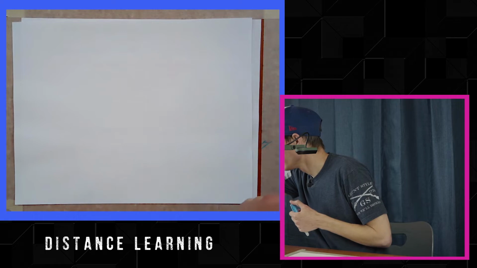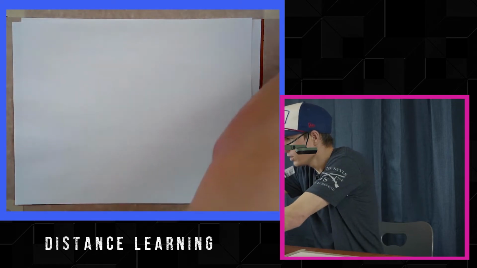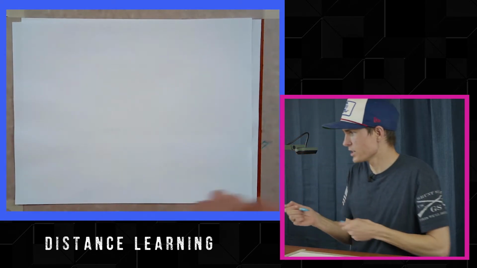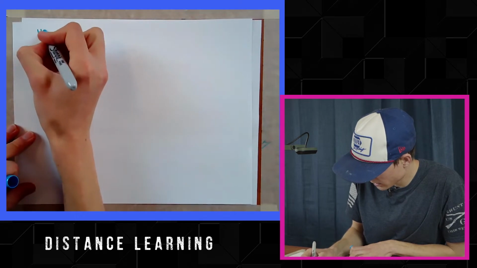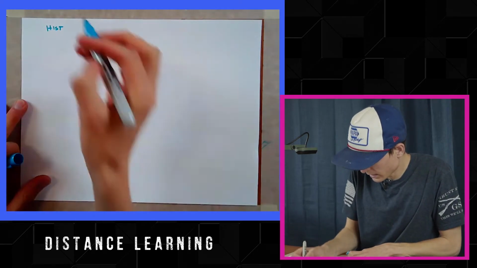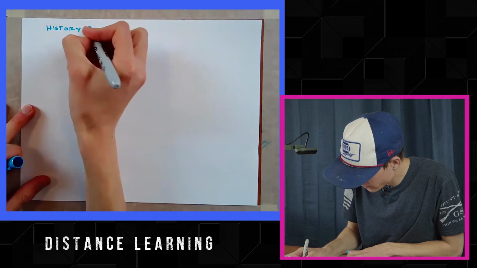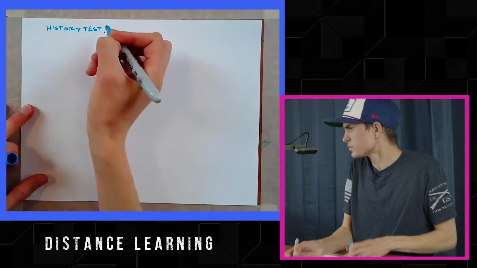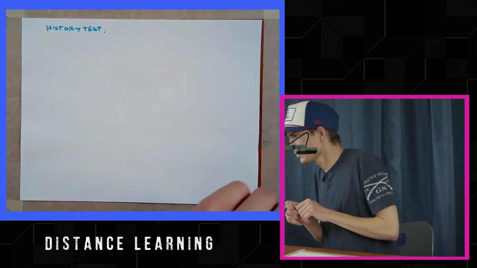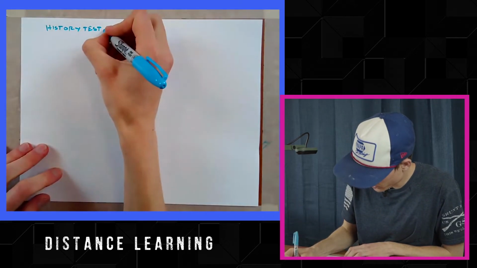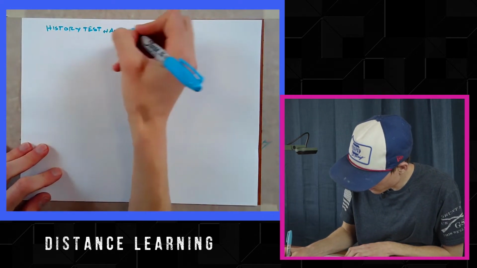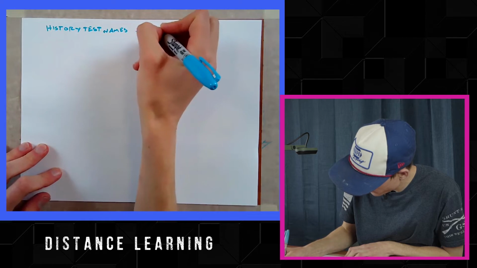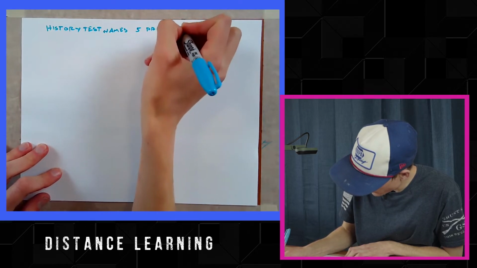Yeah, I said I would do number 24 in my notes. Number 24 says you have a history test, and the history test names 5 presidents. Can you name 5 presidents?